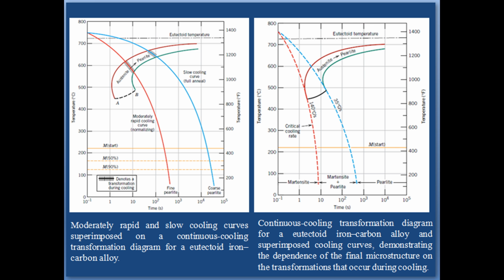Now we are going to discuss moderately rapid and slow cooling curves superimposed on a continuous cooling transformation diagram for a eutectoid iron carbon alloy. Also, we are going to discuss the continuous cooling transformation diagram for a eutectoid iron carbon alloy and superimposed cooling curves, demonstrating the dependence of the final microstructure on the transformations that occur during the cooling.